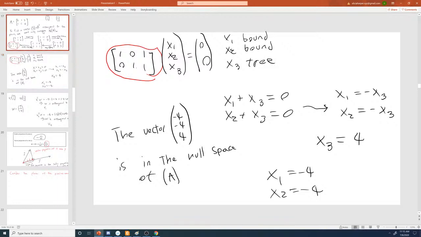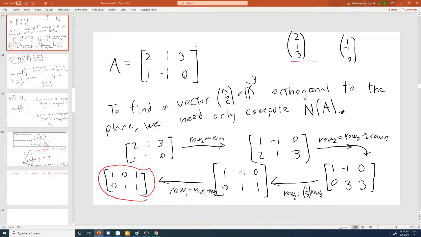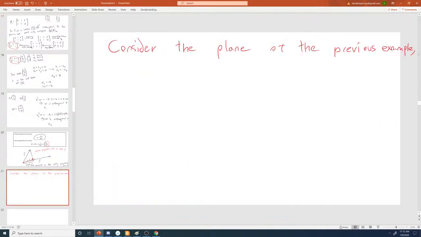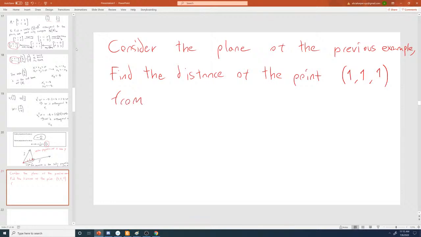So it's the plane spanned by this vector and this vector. What we want to do is find the distance of the point 1, 1, 1 from the plane.